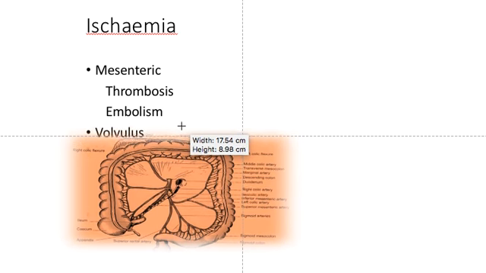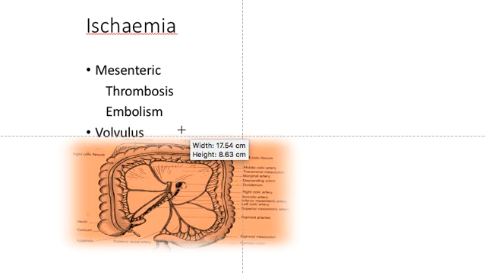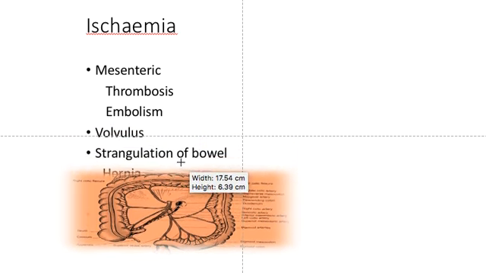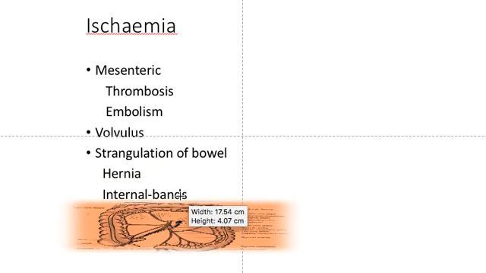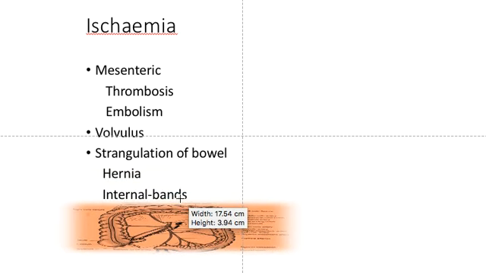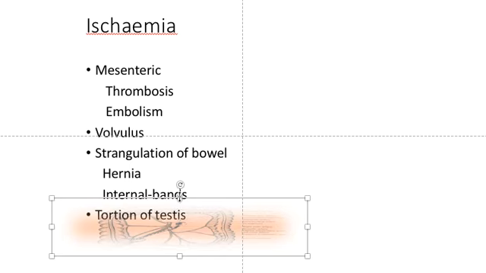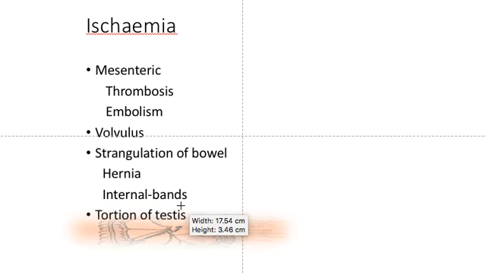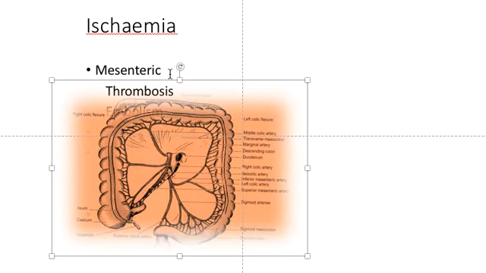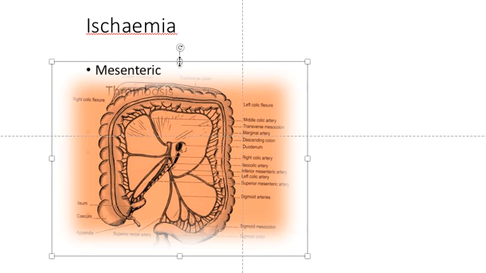Mesenteric obstruction may be due to a thrombosis or embolism. Then volvulus due to twisting around a mesentery, and then strangulation of bowel due to hernia, external hernia or internal bands, and of course the torsion of the testis.